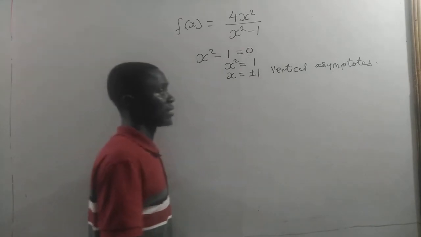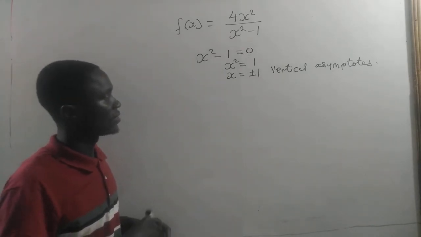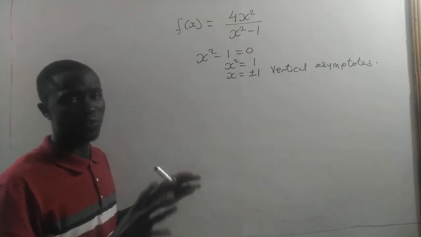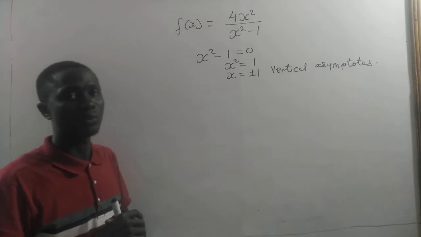Okay, so now let us discuss the behavior of the function around the asymptote.